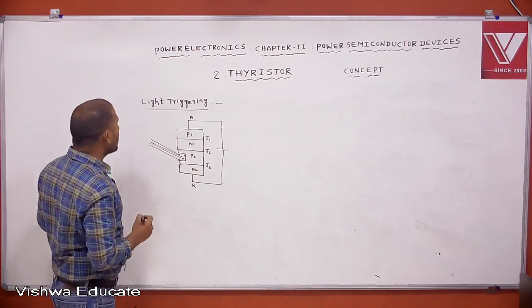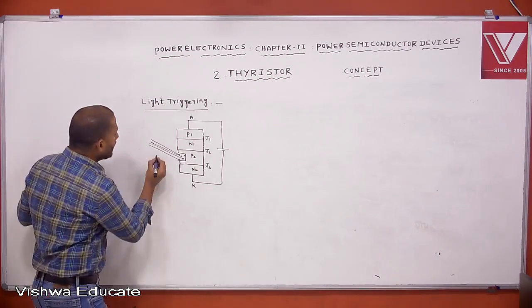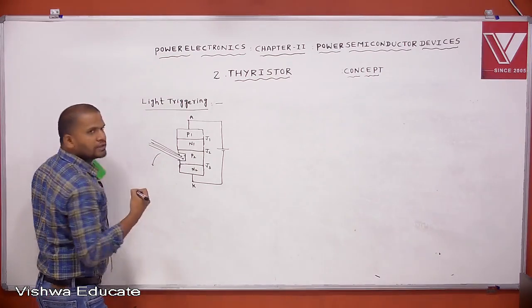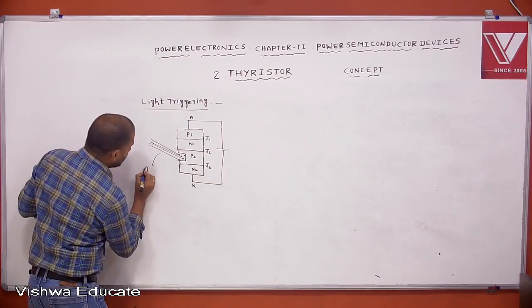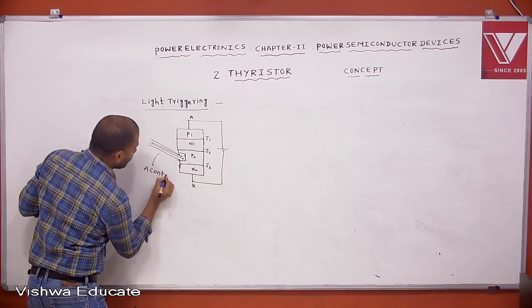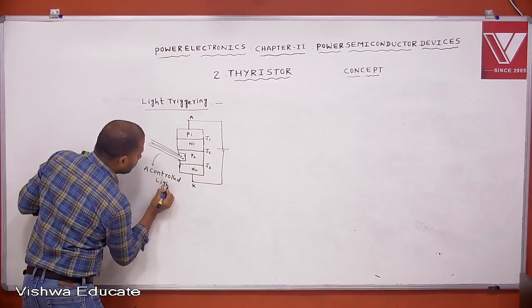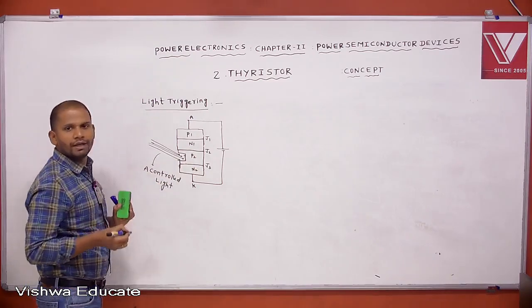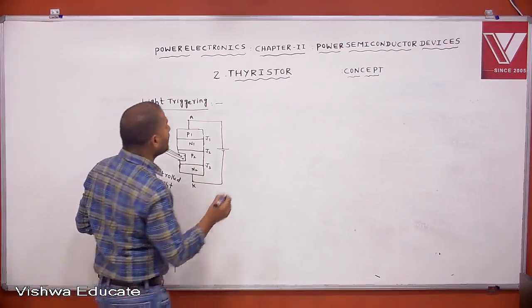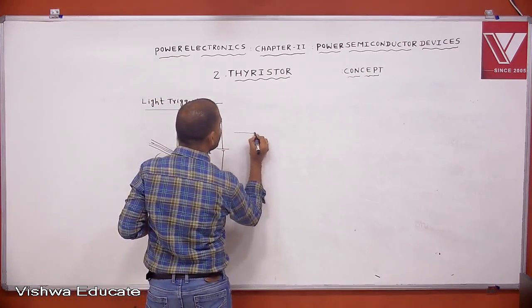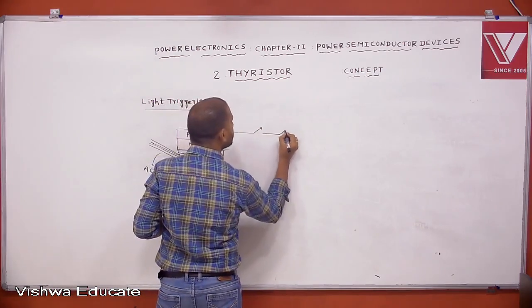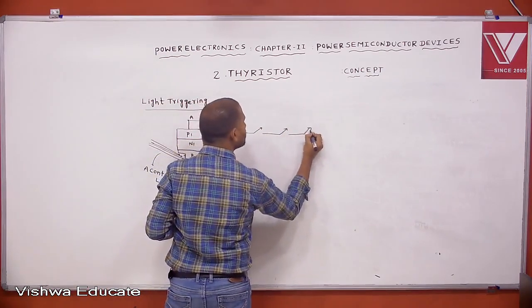A control light means we can allow the light through some waveguides. The control light is allowed to fall nearer to the J2 junction. This concept can easily be understood using the switch concept.